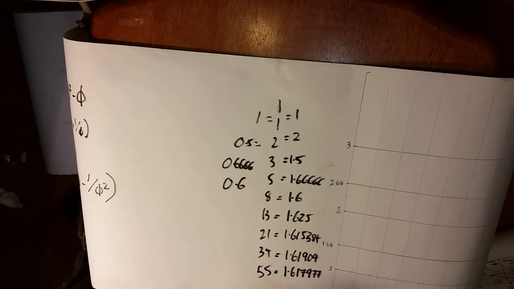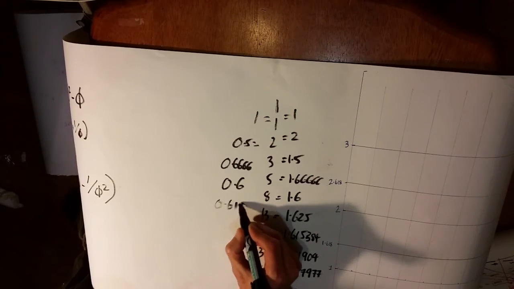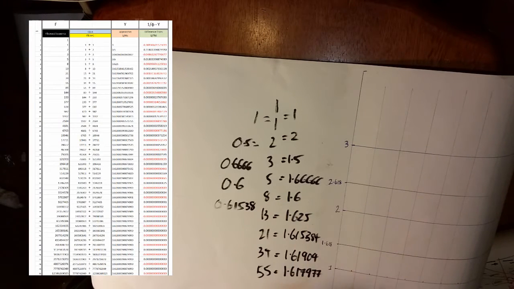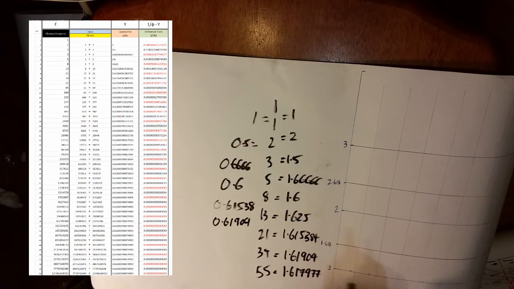The next one will be 8 divided by 13, which is 0.61538, then 13 divided by 21, 0.61904.